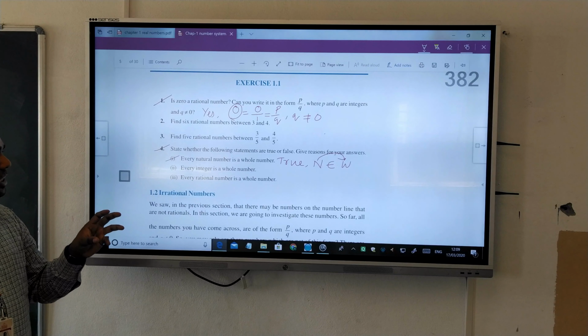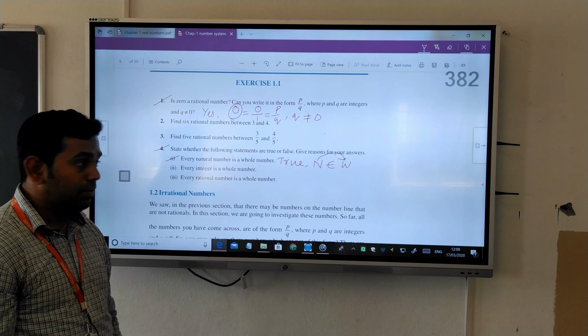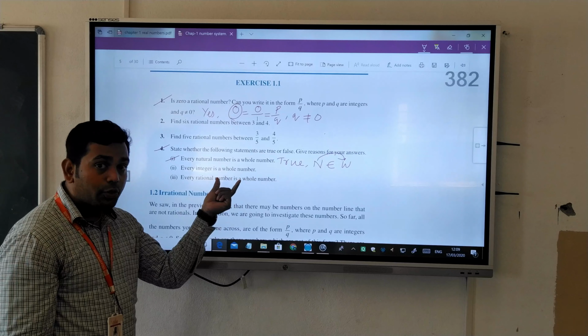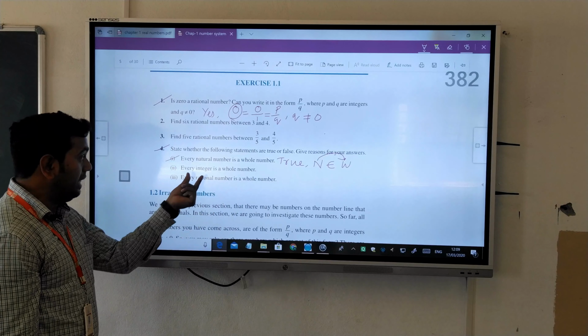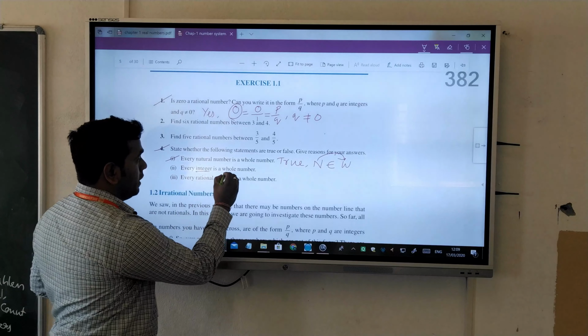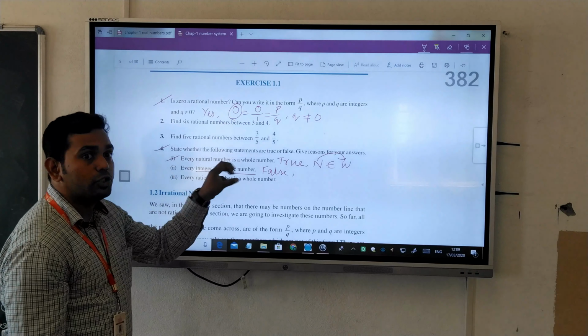Then, every integer is a whole number. The converse is being asked. Is every integer a whole number? Is it true or false? Yes, it is false. Why is it false? We have a set of numbers in integers which are not whole numbers.